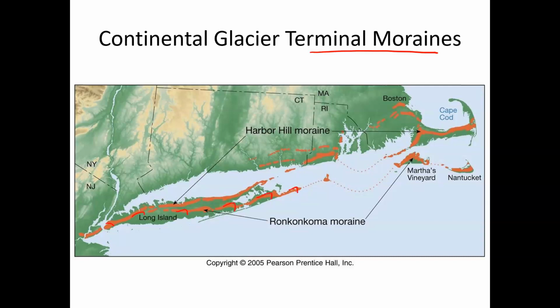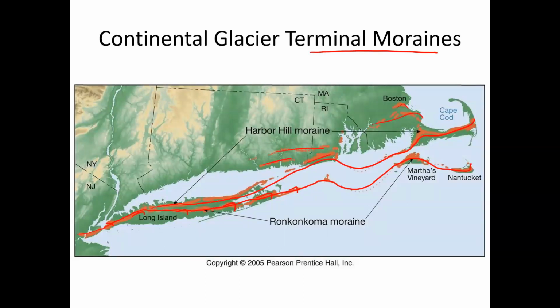That is, the last ice sheet, the furthest that it got south was to this area, and left behind part of Long Island and Martha's Vineyard and Nantucket as just piles of sediment as it moved sort of like a conveyor belt, dumping it in that spot for a long time. Behind that is another recessional moraine, which makes up part of Cape Cod. And then you can find other moraines as you go further to the north that were also recessional moraines.